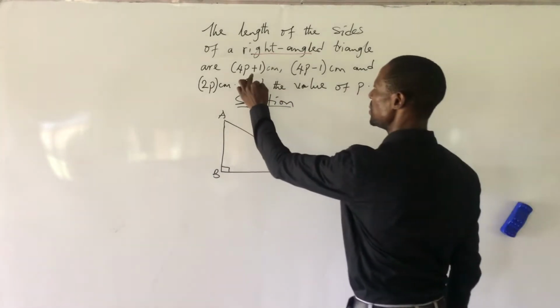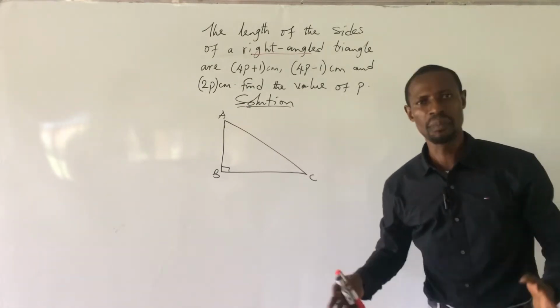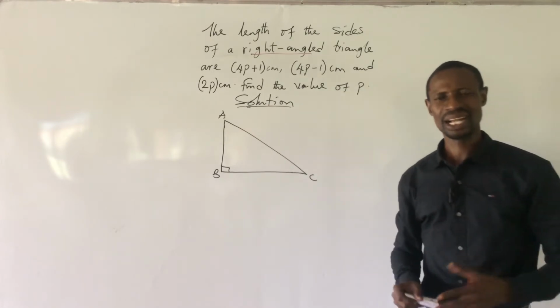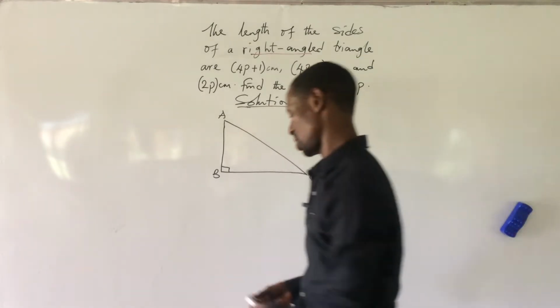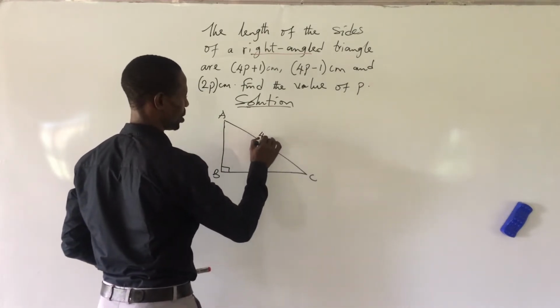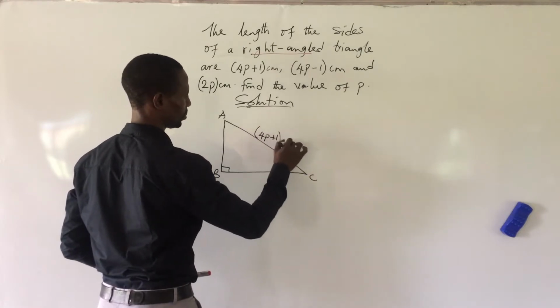Here we have 4p + 1. Definitely 4p + 1 will be the longest side, and the longest side of a right-angled triangle is the hypotenuse. So we input that: this is 4p + 1 cm.